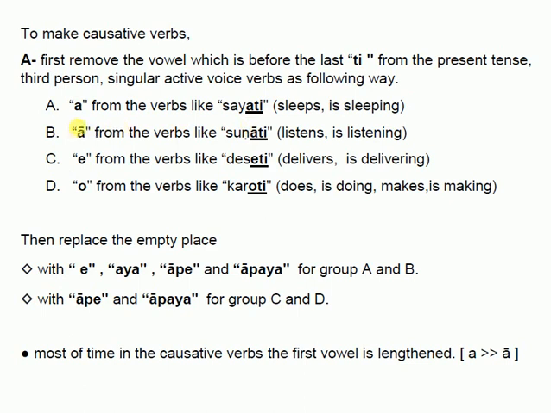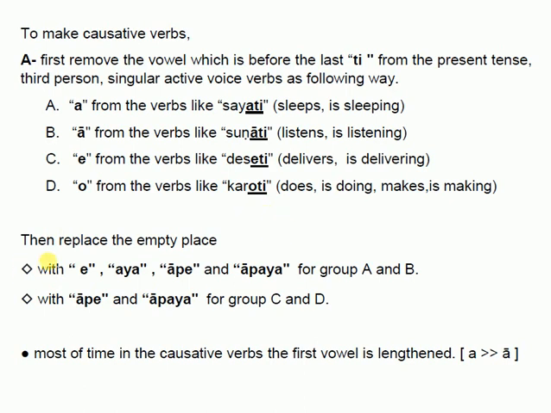A from verbs like sayati, ending with ati, and long A from verbs like sunati, long A and ti ending. And C type, E from verbs like seti, here eti, so we must remove E. And D type, O from verbs like karoti, verbs ending with oti, so we remove O.